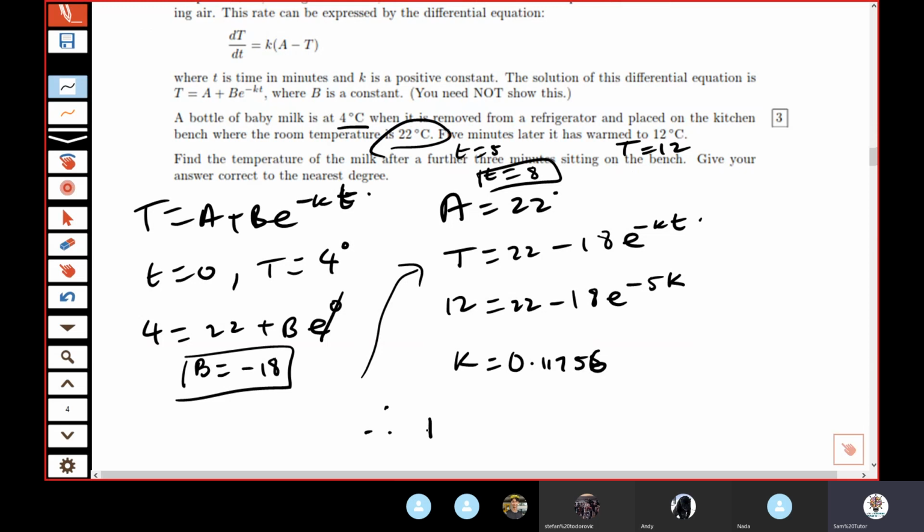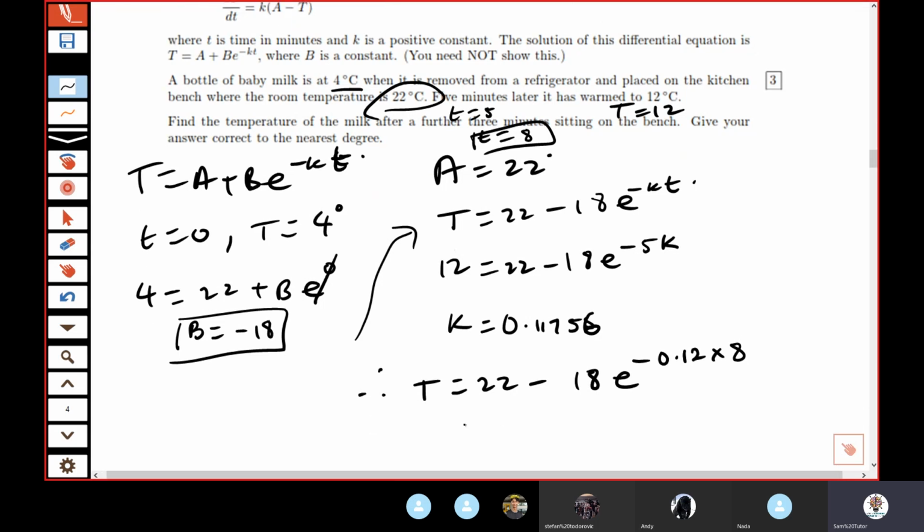Therefore, T equals 22 minus 18 e to the negative 0.12 times 8. To the nearest degree, you know what, I'm going to use my exact value for k, and the answer is 15 degrees Celsius.